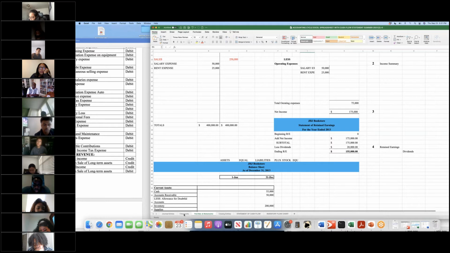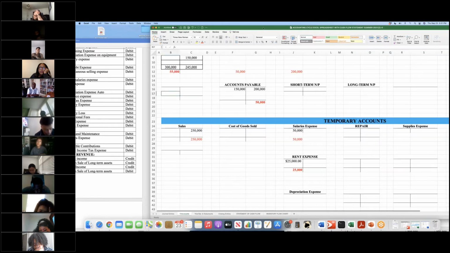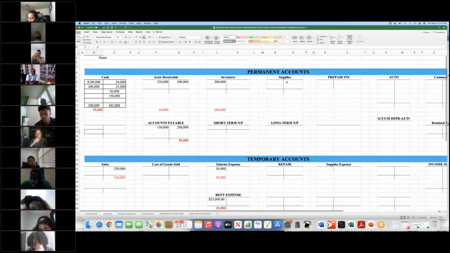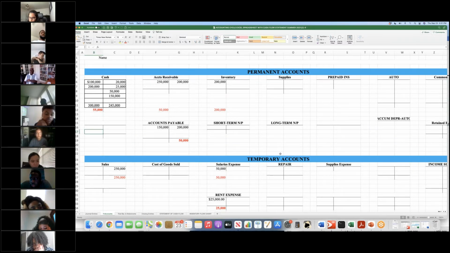Now let's go back to these T accounts. You see here permanent T accounts and temporary T accounts. Now, when you get your bill from TSU at the start of the year and you pay it, they close out your account because they want to, in the spring semester, send you a new bill so you can pay that one.